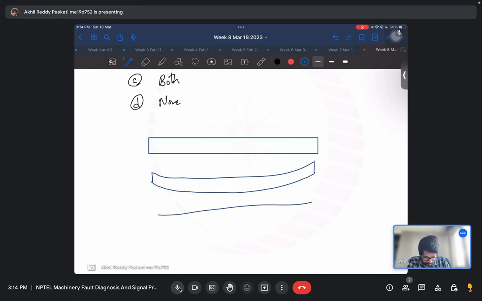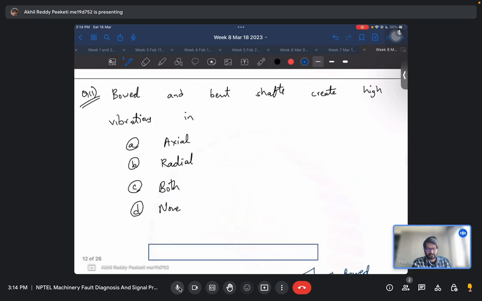So if the shafts are like this, what will they cause? Which kind of vibrations will they cause?